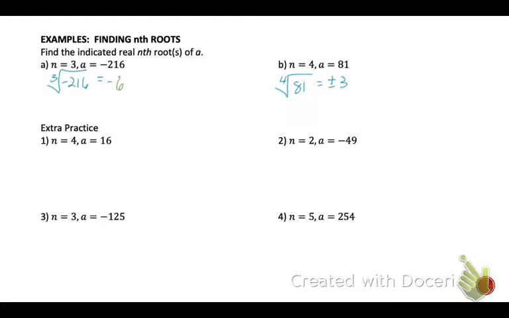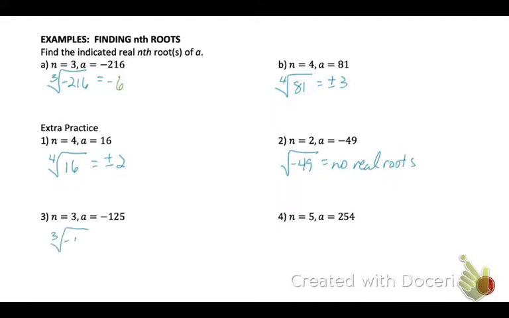Let's do some more practice. The 4th root of 16 is 2, and it can be positive or negative 2. So if you have an even root and your number is positive, you will have both a positive and a negative answer. Now the square root of negative 49, you know that that would be an imaginary number, so we simply say there are no real roots for this.